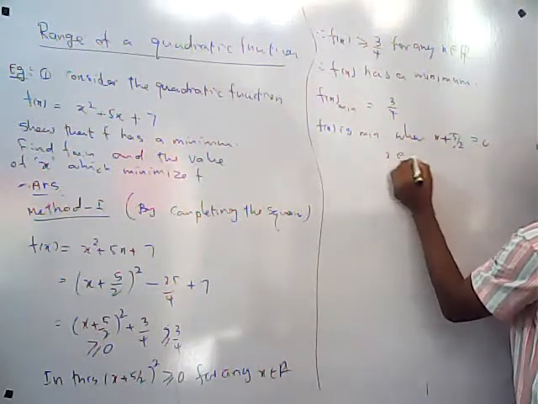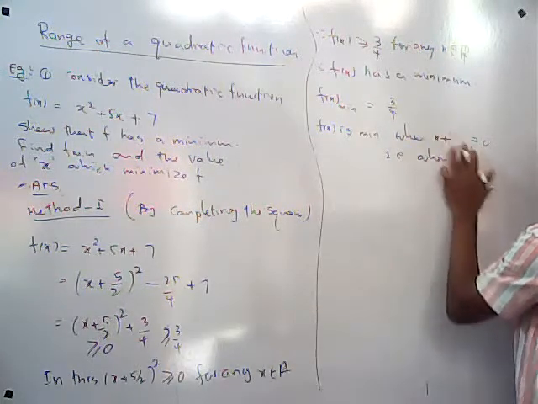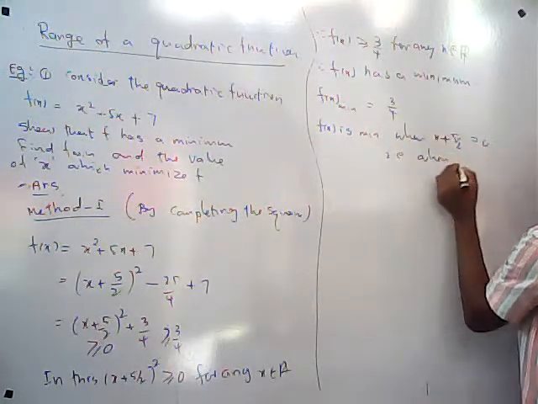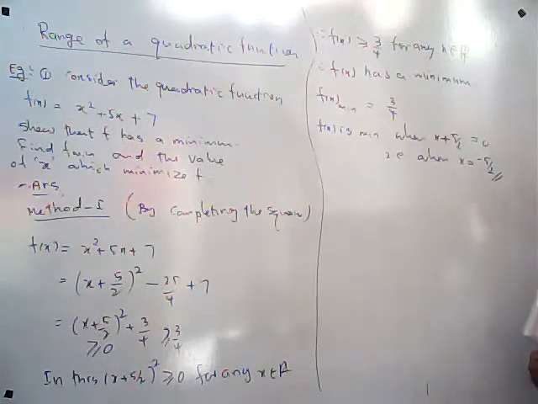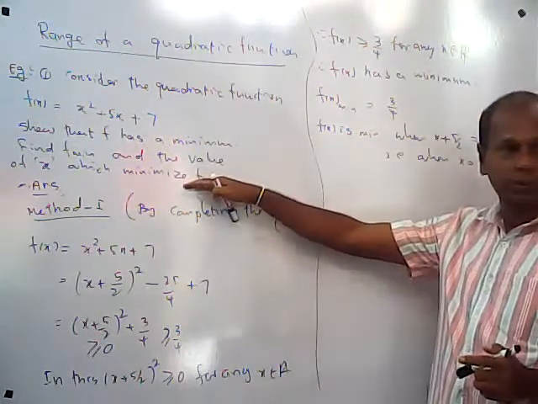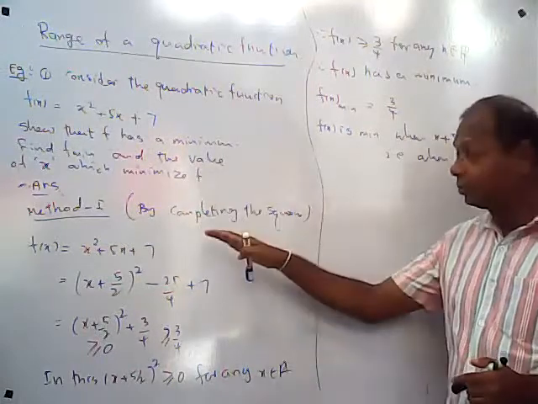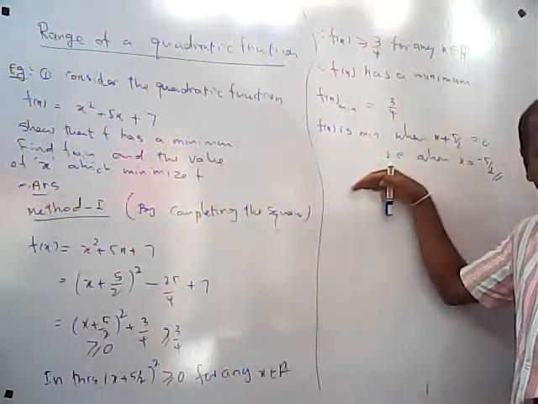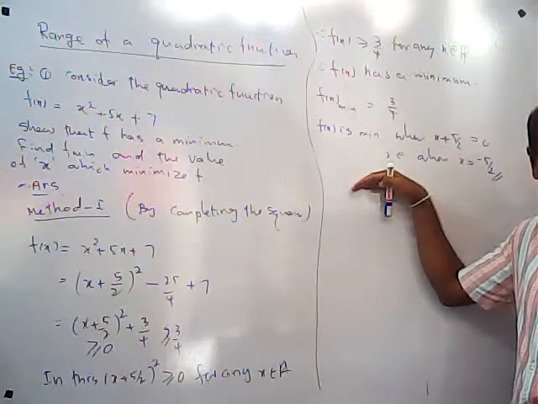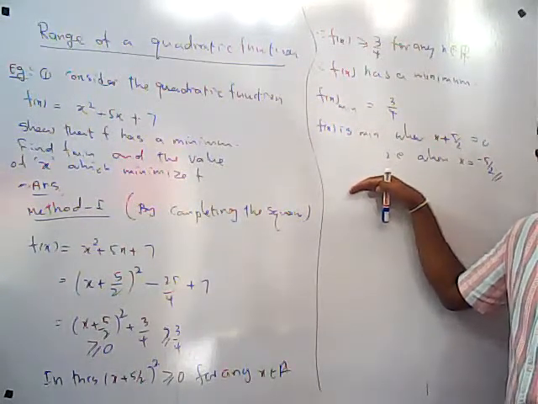That is when x equals minus 5 over 2. That's the complete answer, right? So that's the first method, by completing the square. In fact, this is O-level maths, something you learn in the O-level class also.